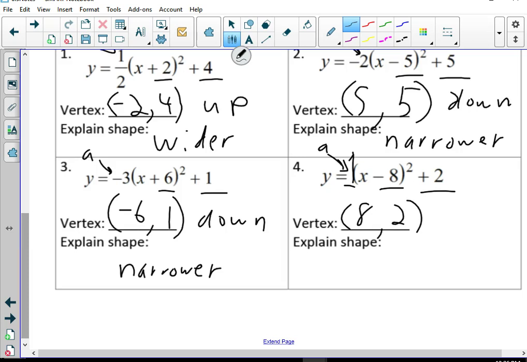So my a is 1. Up or down? Up. And if it's 1, is that greater than 1? Is it between 0 and 1? No. No change. It's not wider. It's not narrower. It's just what it is.